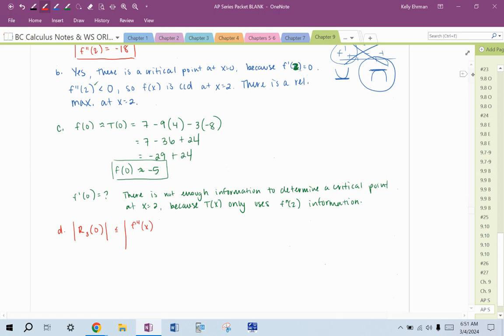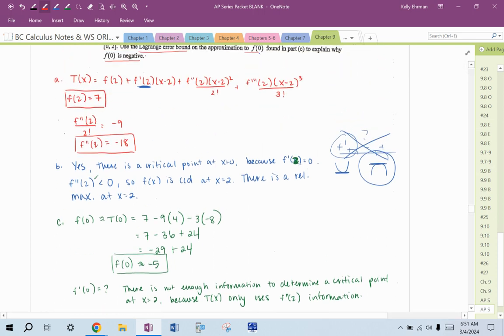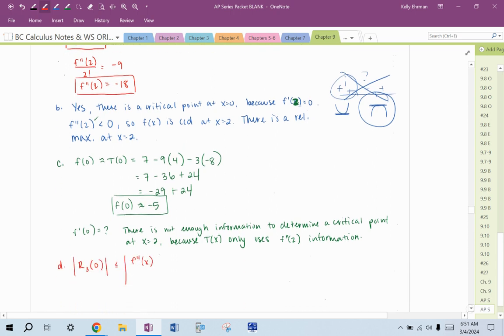But because they just called it fourth derivative of x, I'm just going to use that too. If you put a z in there, you've got to put some little statement about how z is somewhere between 0 and 2. But anyway, fourth derivative at x times (0 minus 2), our approximation minus our center, to the fourth power, over 4 factorial.